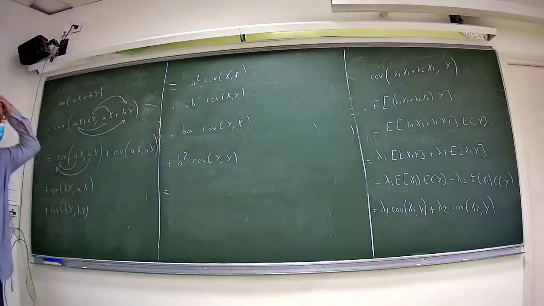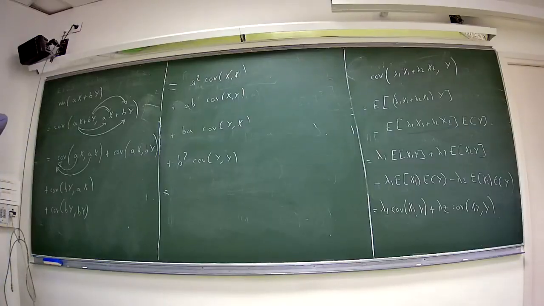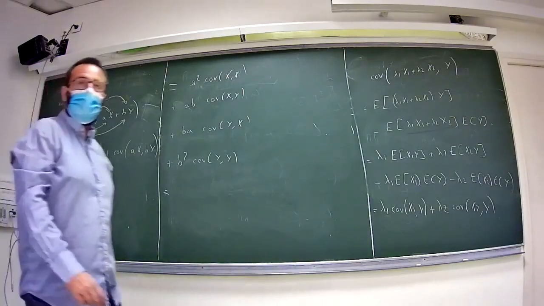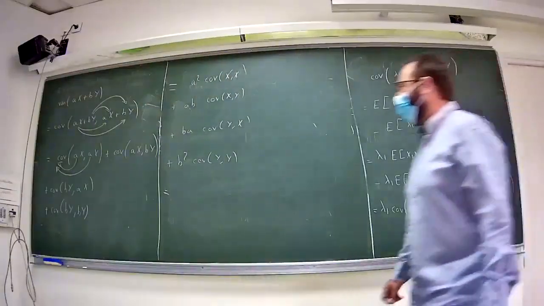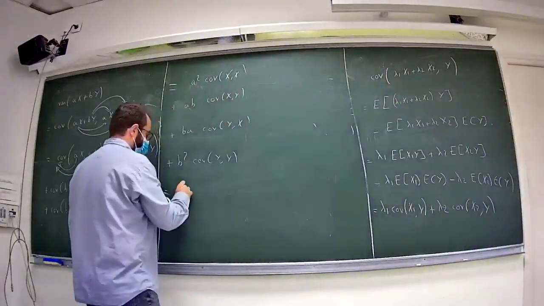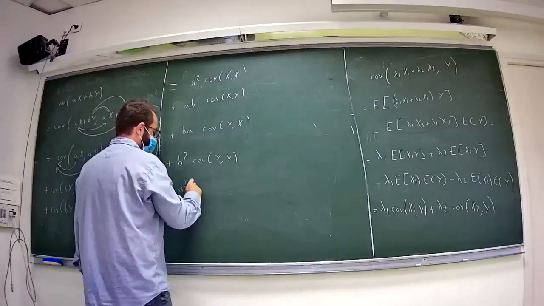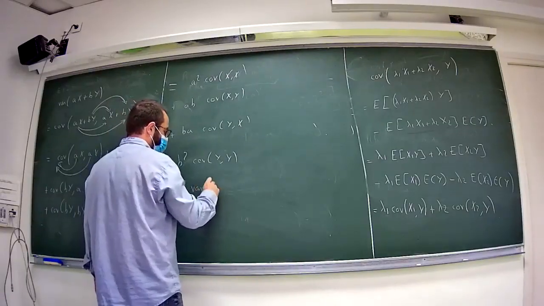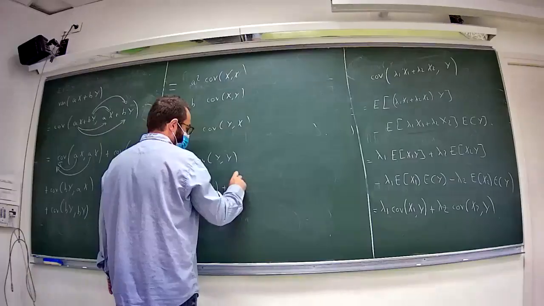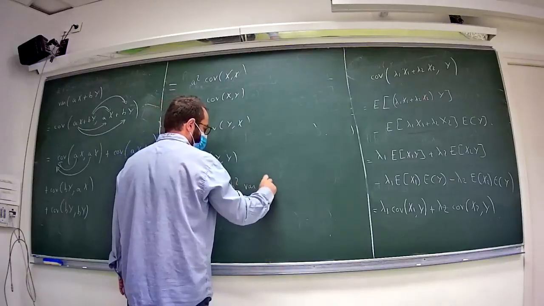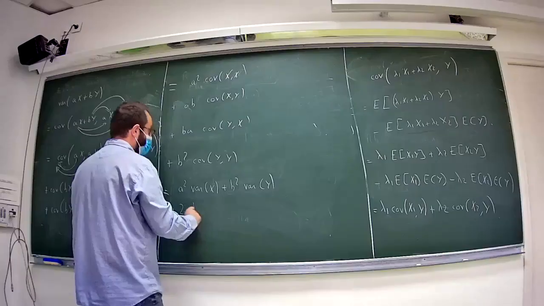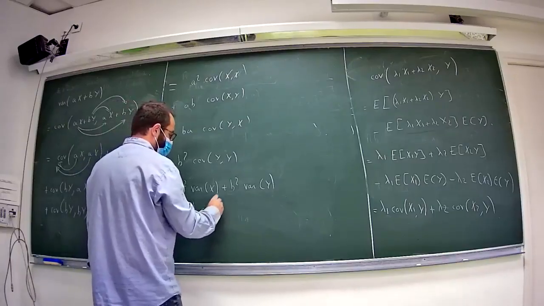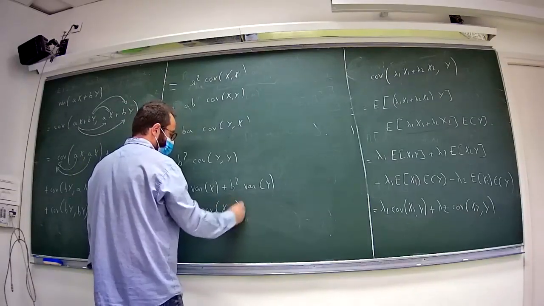The covariance between x and x is equal to the variance, and the covariance between x and y is the covariance between y and x. So I have exactly what I want: a square variance of x plus b square variance of y plus 2 times ab covariance between x and y.